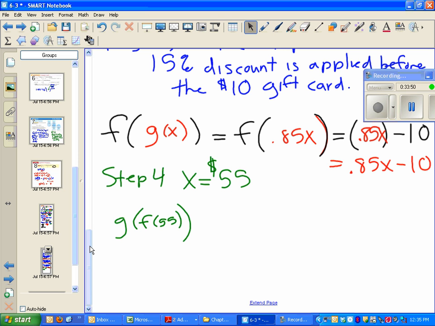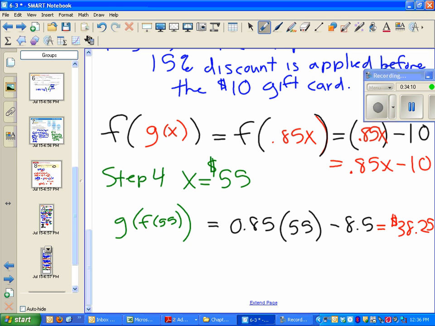So that function was 0.85 times $55 minus 8.5. So when they take the gift card off first and then give you the 15% discount, you end up paying $38.25, which is not bad.